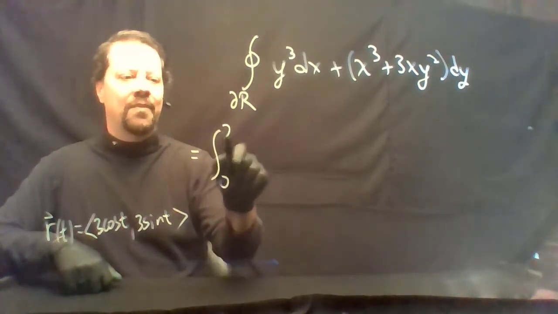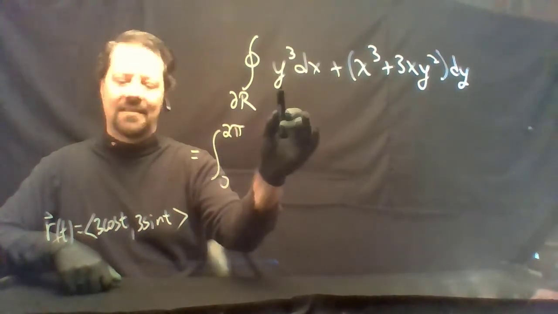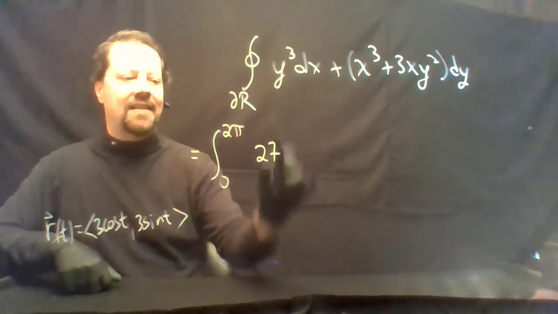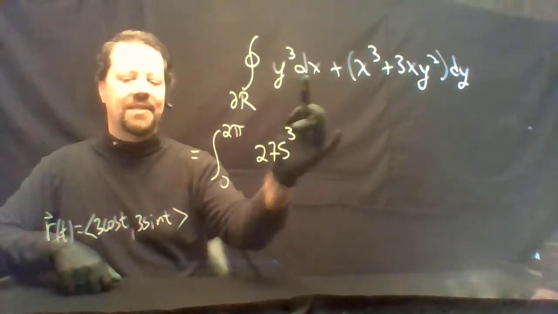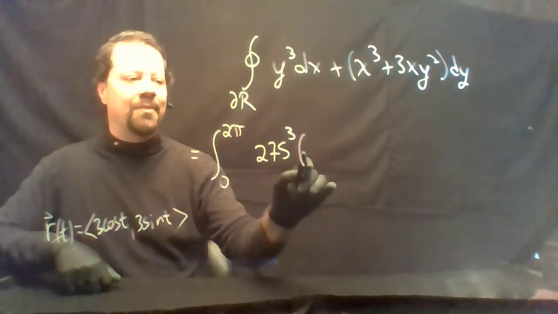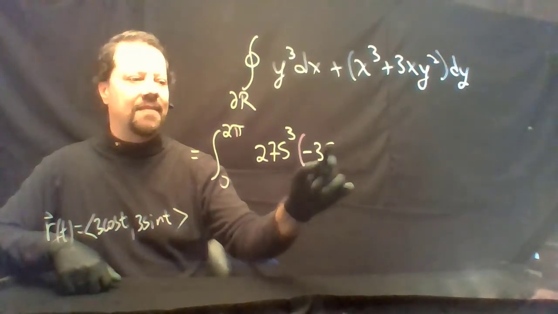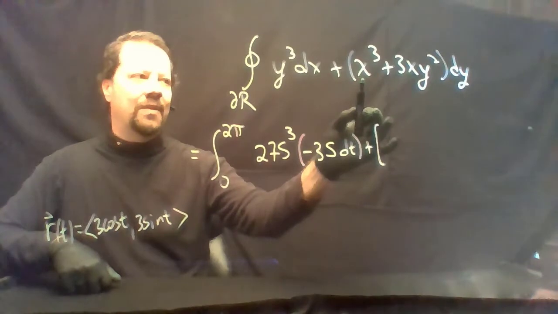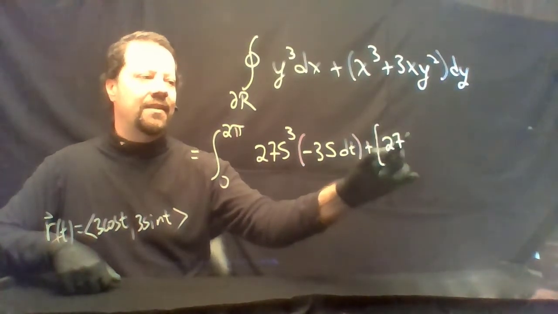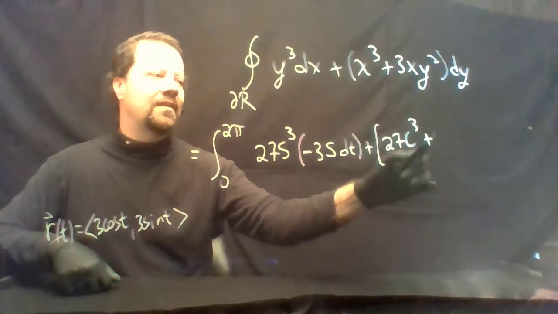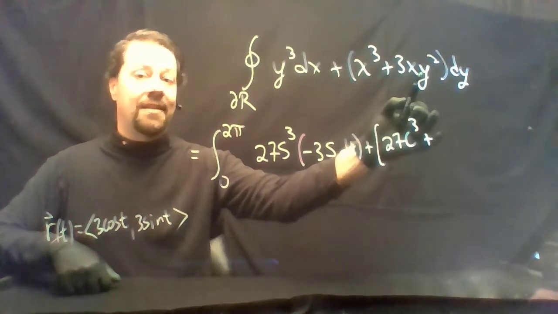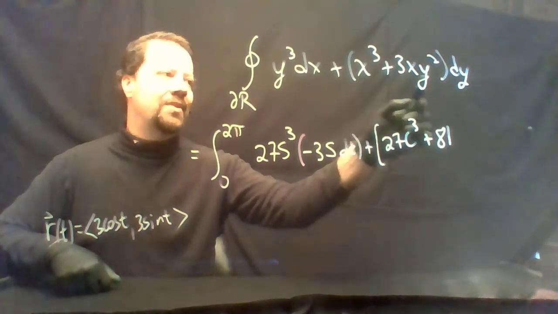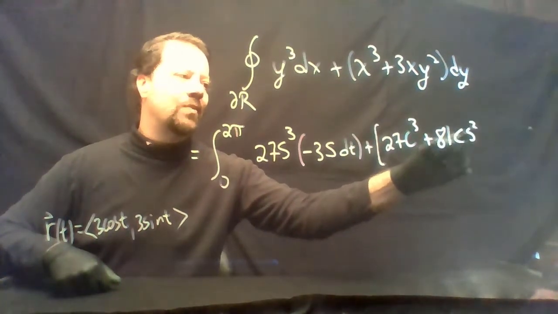Substituting, we have the integral from 0 to 2 pi. Y cubed will be 27 sine cubed times dx. Dx will be minus 3 times sine times dt. We'll have 27 cosine cubed. 3 times another 9 gives me 81, times cosine times sine squared.